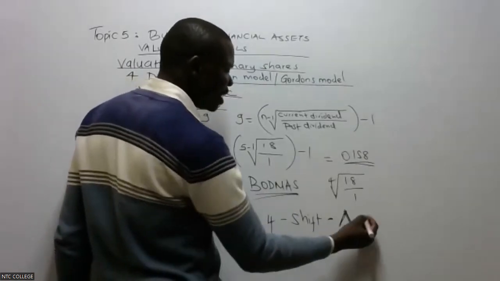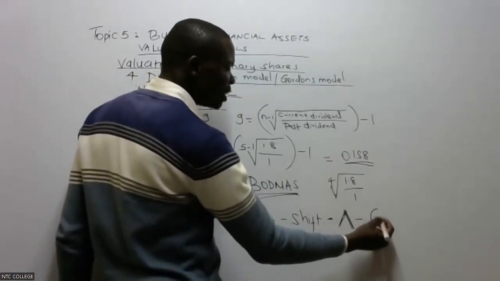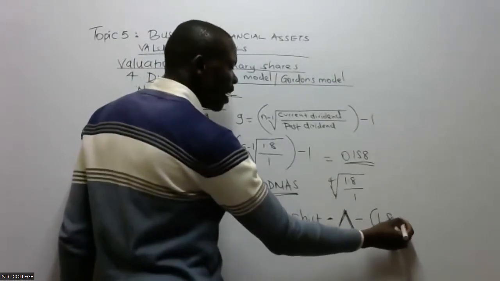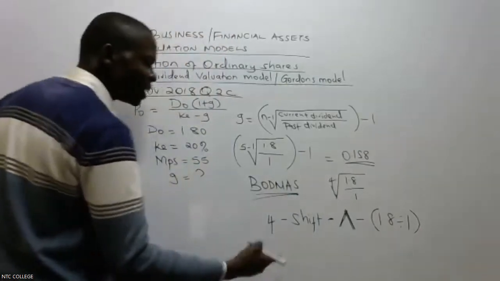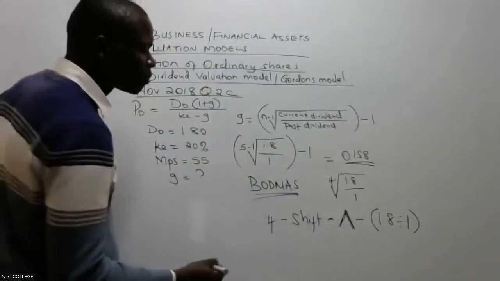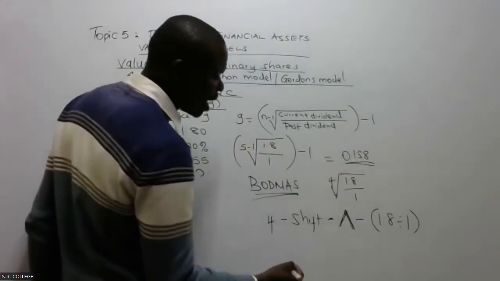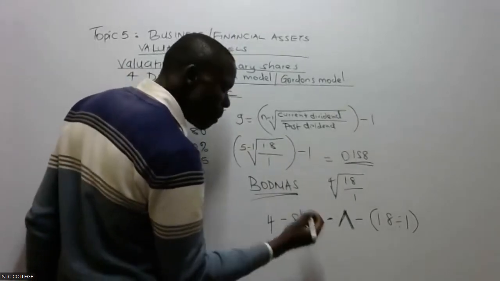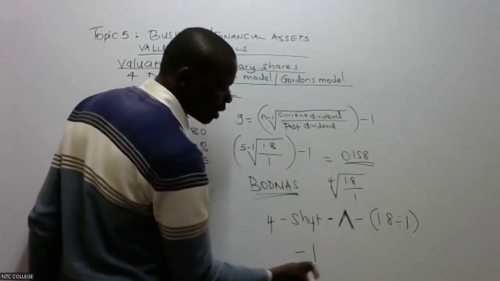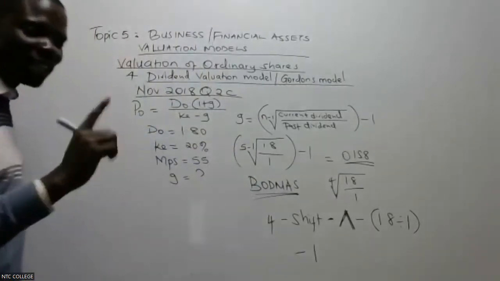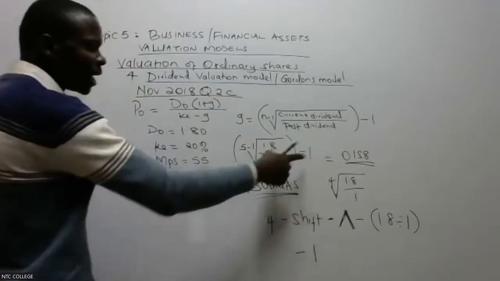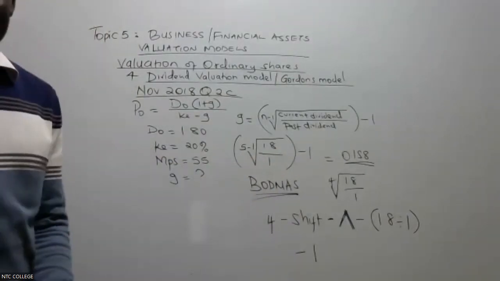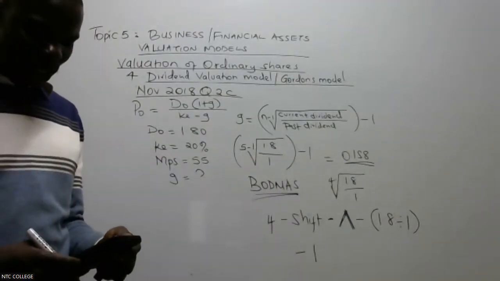Once you press this sign, you open the bracket, then you say 1.8 divided by 1. Close the bracket. Then you press the equal sign. After you press the equal sign, press minus 1. It will give you the answer there. I believe you are following.